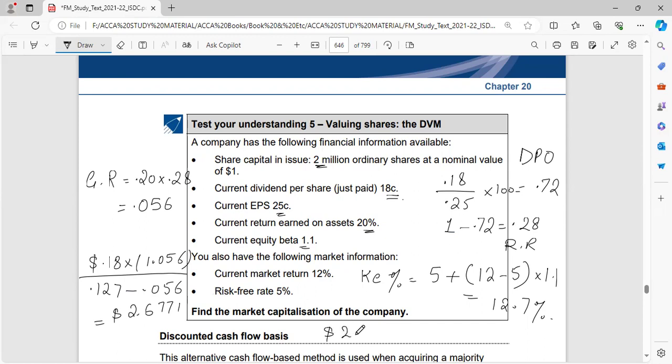How to calculate the market value? Into 2, 5.3543 million is the market value. Let me check once again.